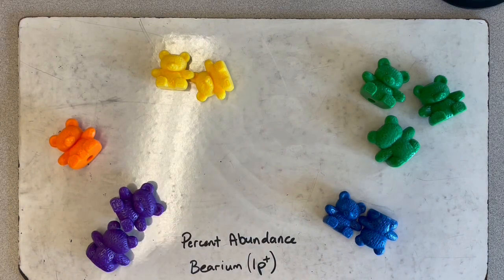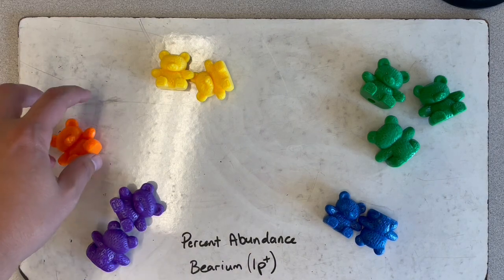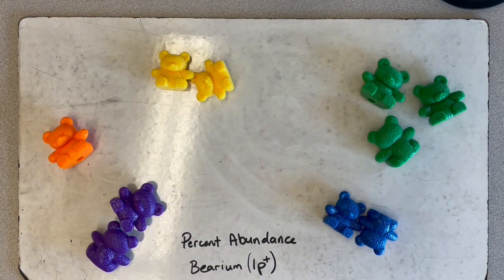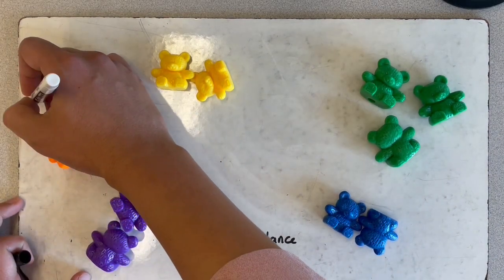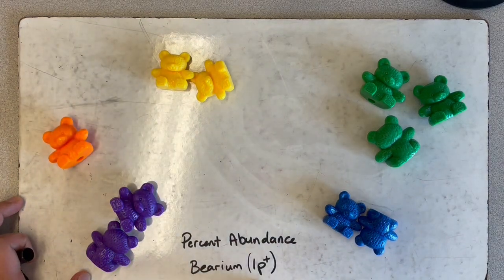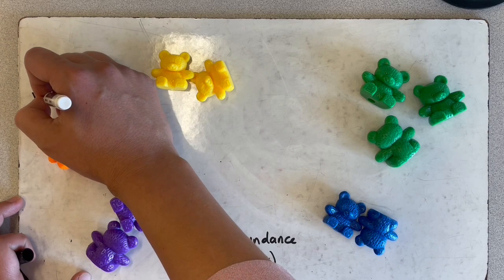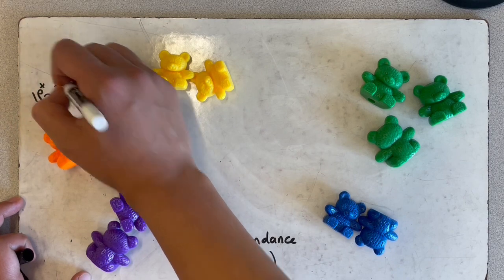And so here's what we have. We have barium here that is orange, and this is an isotope. So an isotope, again, has the same number of protons. We can see that this one is going to have 1 proton and 0 neutrons.